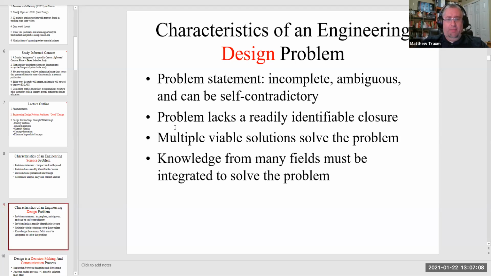Design problems lack a readily identifiable closure. So there is no clear path from where you are now to the final result. And they require or they produce potentially multiple viable solutions. So as you guys will see when we get to the end of this class, there's going to be probably 13 or 14 different teams that are all going to be simultaneously solving the same design problem based on the same set of customer needs.